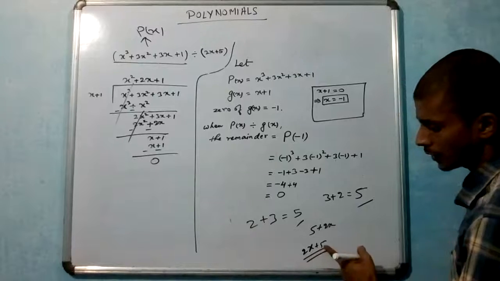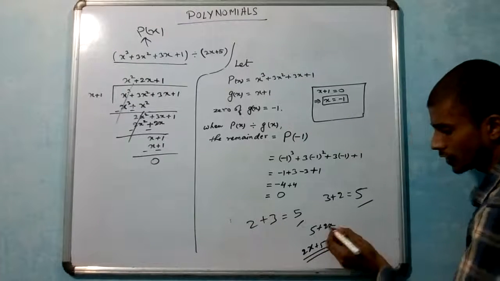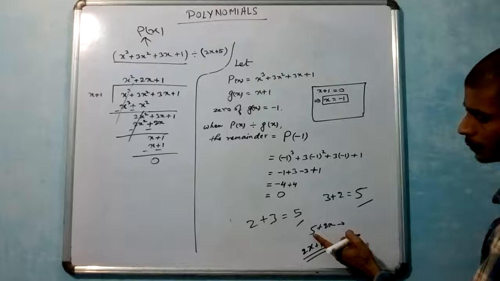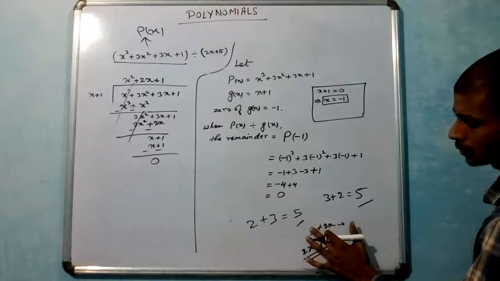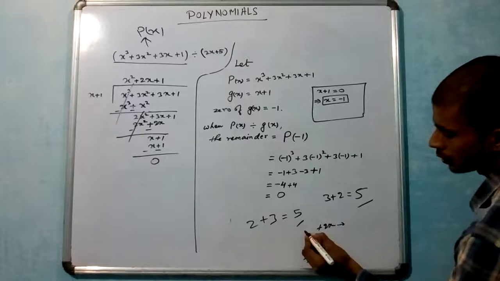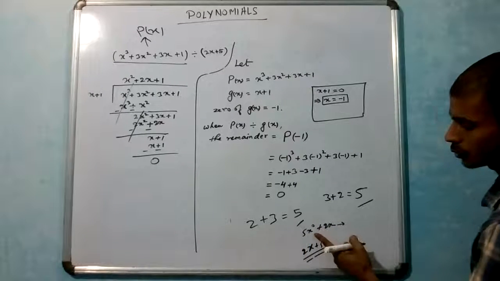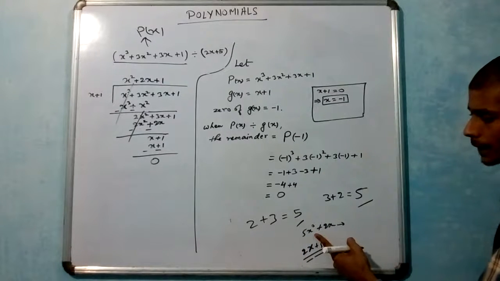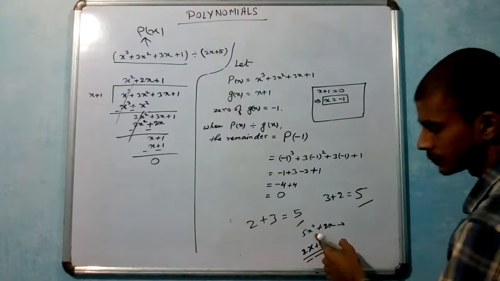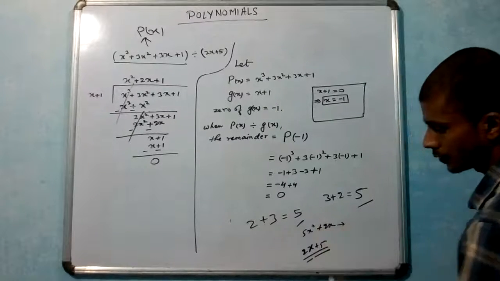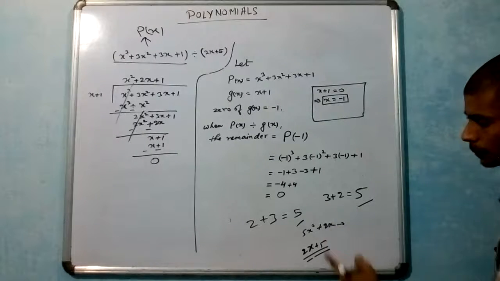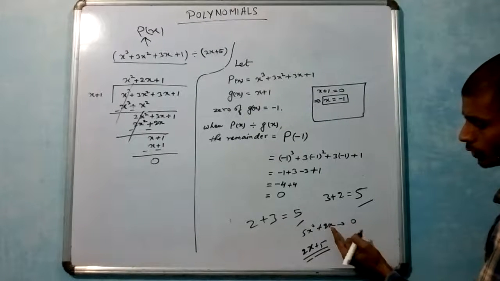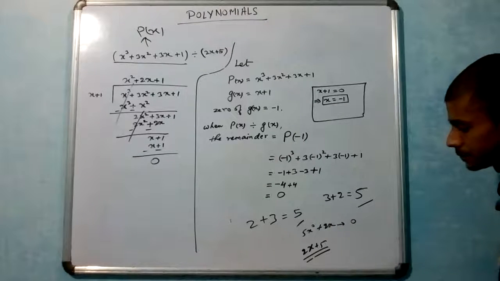To bring the powers of the variables in descending order. What is the power of the variable present here? 5 means what? 5 means 5x raised to the power 0. So what is the power here? 0.